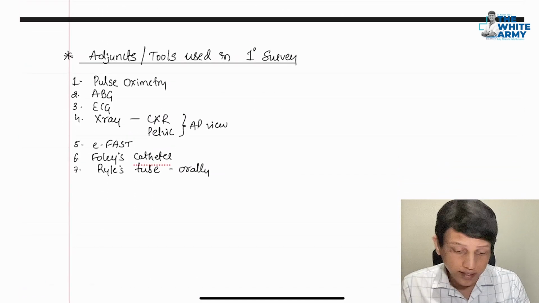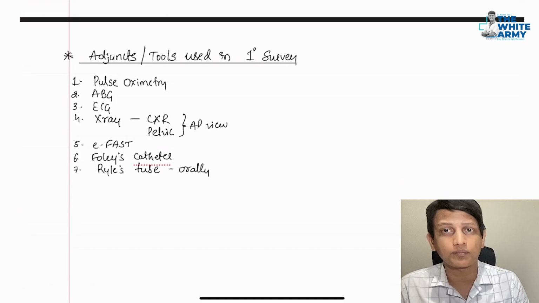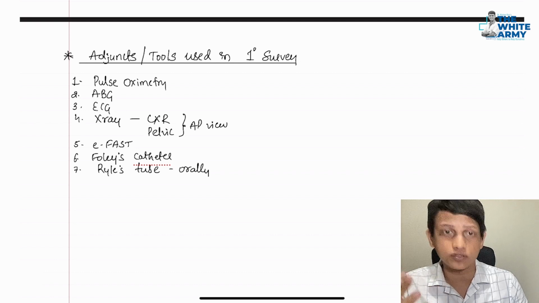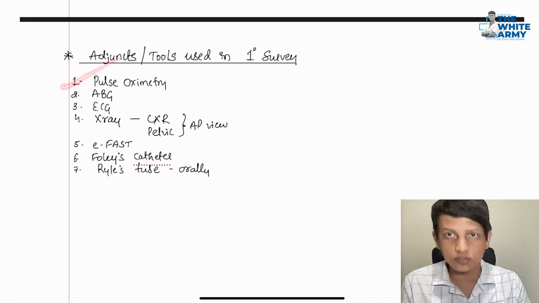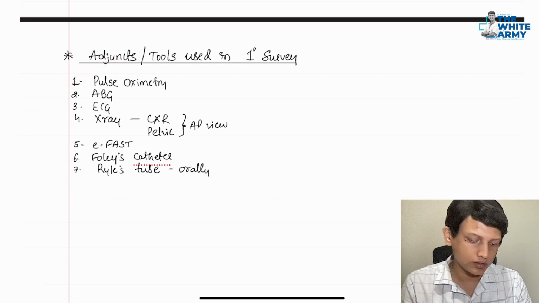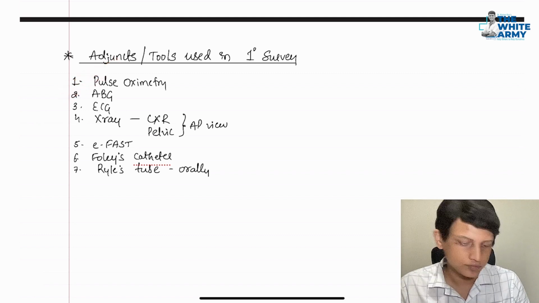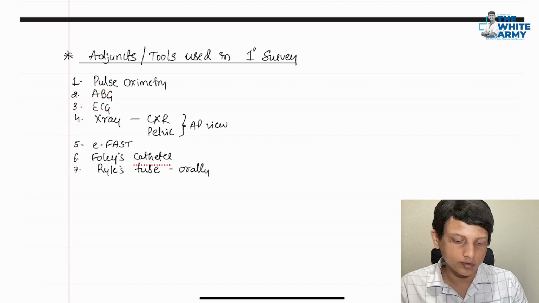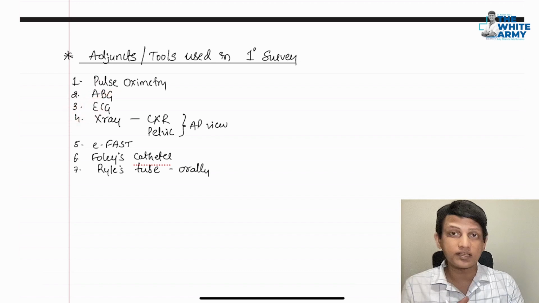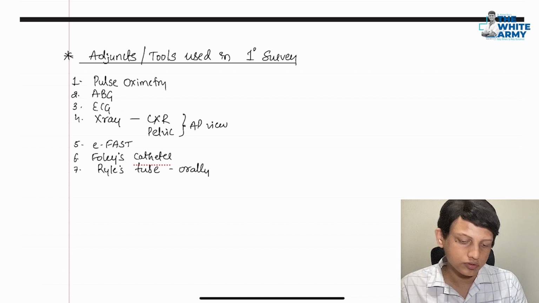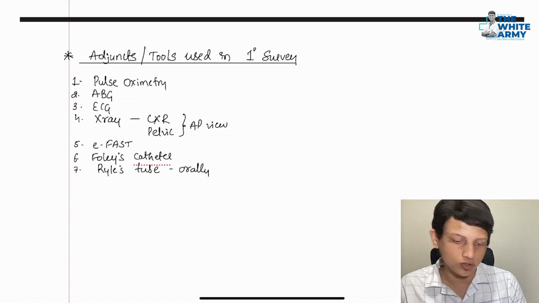After primary survey, they'll ask you one more question: what are the tools or adjuncts used in primary survey? What are used for assessment of A, what are used for B, like that, adjuncts or tools. Pulse oximetry we use, then ABG, ECG, X-ray for chest and pelvis. Okay, we have to take AP view both in the supine position only.